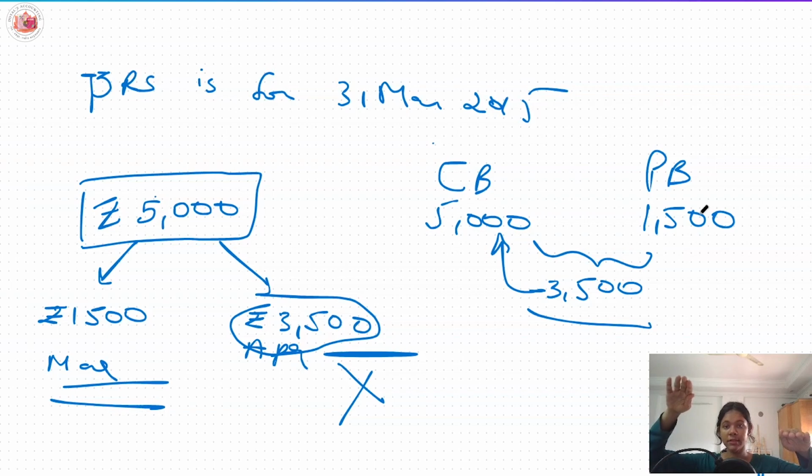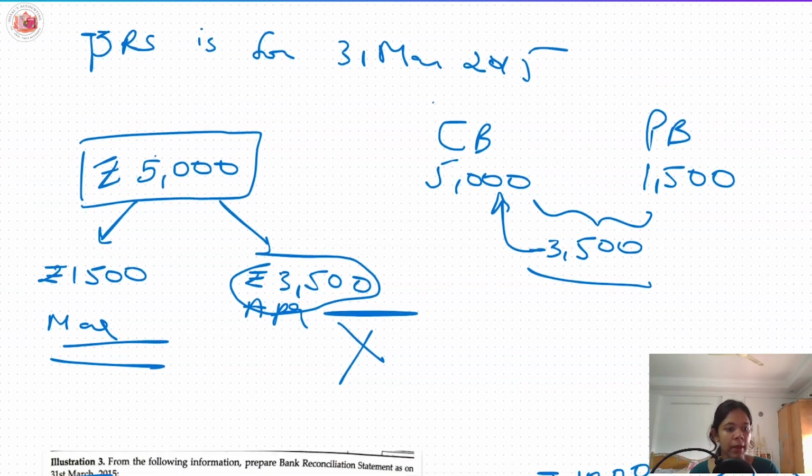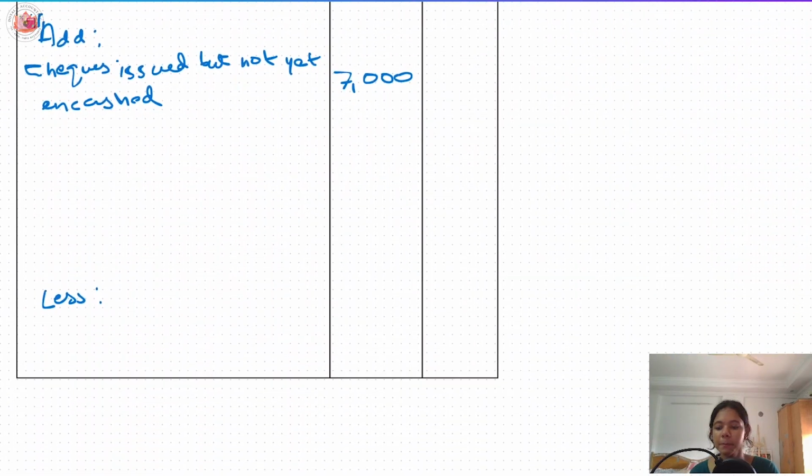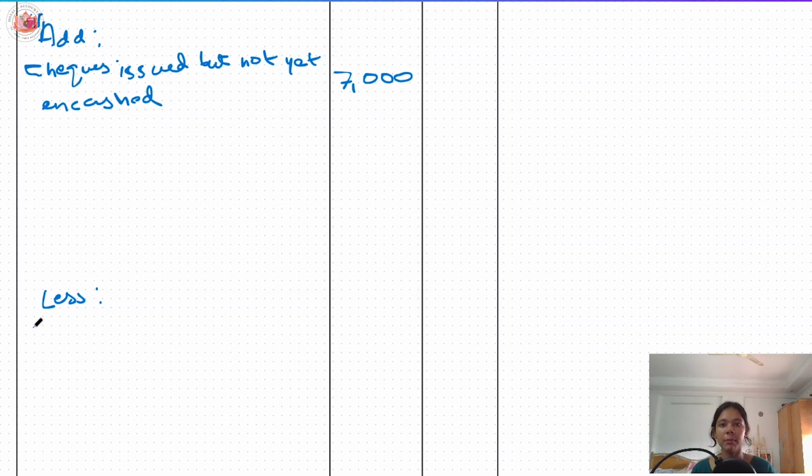Now if I want to equalize the two, I have to reduce my cash book. So in the bank reconciliation statement, I will write checks deposited but not yet credited, 3,500.